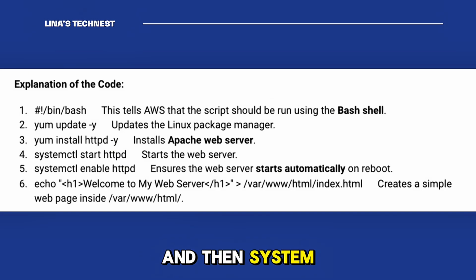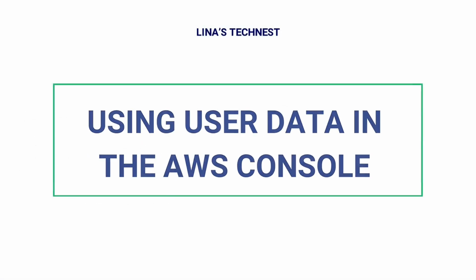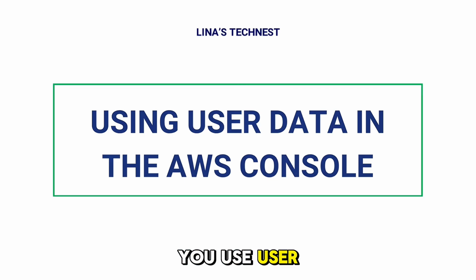Then systemctl start httpd starts the web server. systemctl enable httpd also ensures the web server starts automatically on reboot. And then you have your echo message, which creates a simple web page inside the /var/www/html directory.